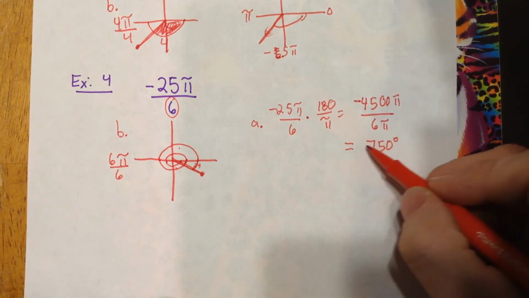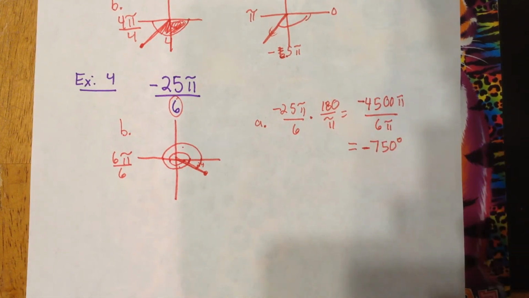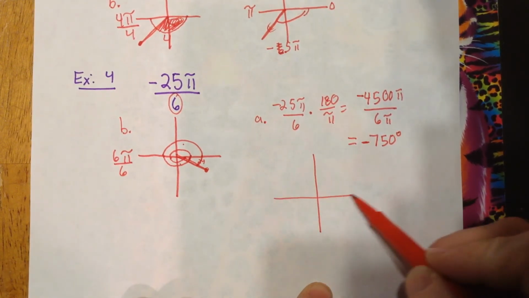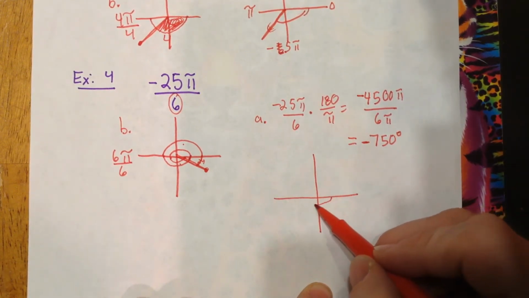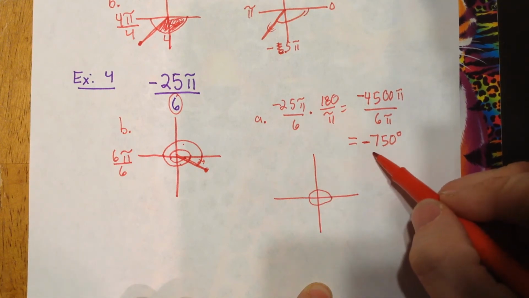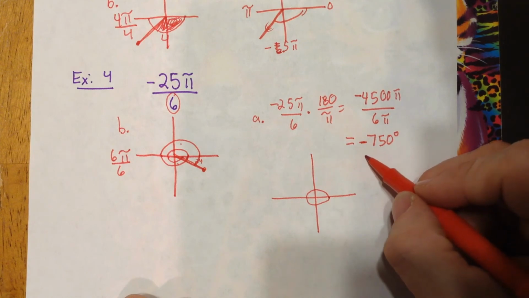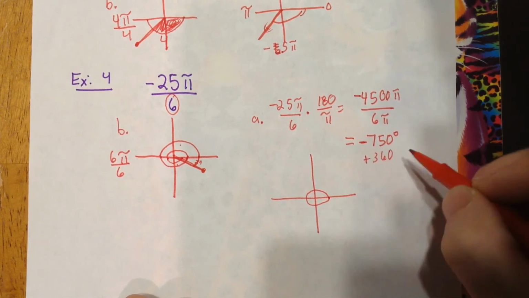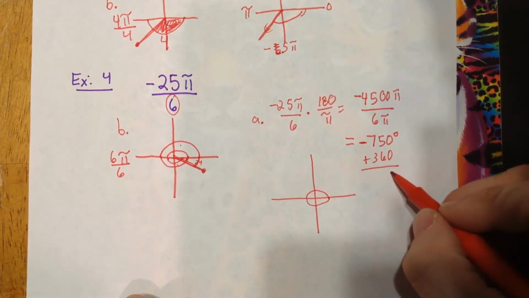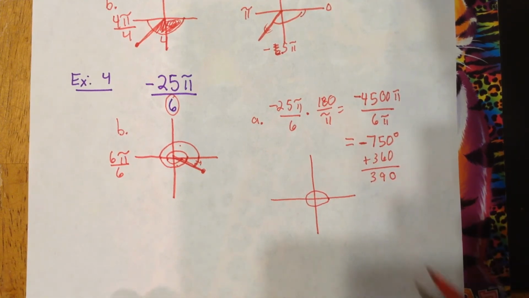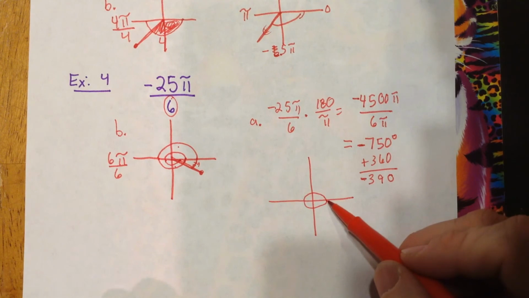It's not terrible, negative 750 degrees. So basically we have to figure out how many rotations that is. So if we're going negative 1 full rotation, we're taking away 360 degrees. So we're going to add 360 degrees, and that's going to give us 390.